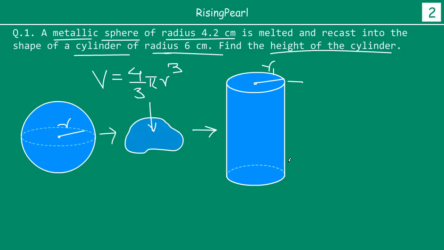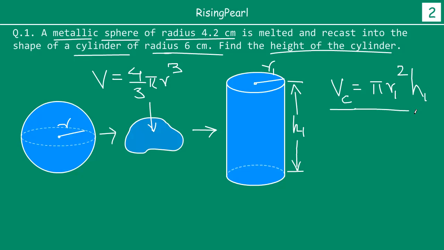The other dimension that we need is the height. Let's call this h1. So the volume of the cylinder, let's say Vc, is pi r square h. Now in this case, the radius is r1 and the height is h1.